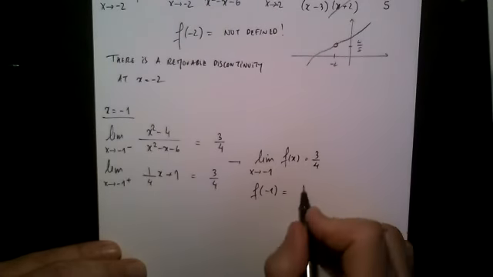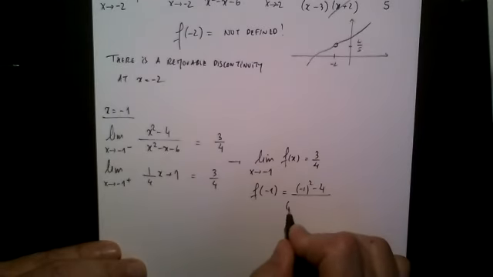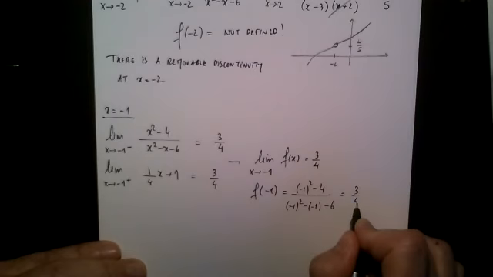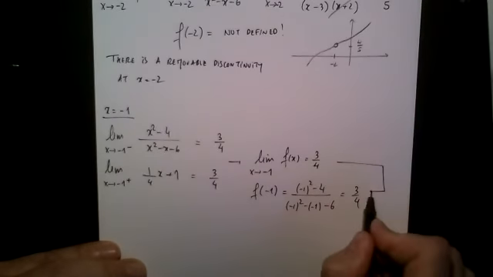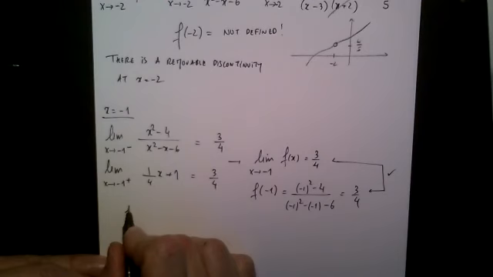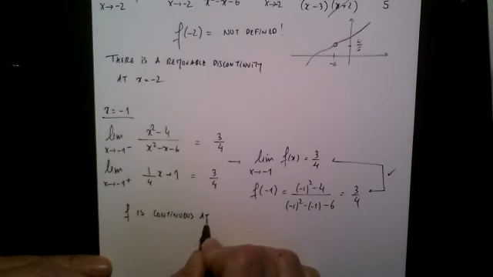So f of -1, you will see -1 squared minus 4 over -1 squared minus -1 minus 6. You'll get 3/4 as well. Good. Okay, so f is continuous at x equals -1.